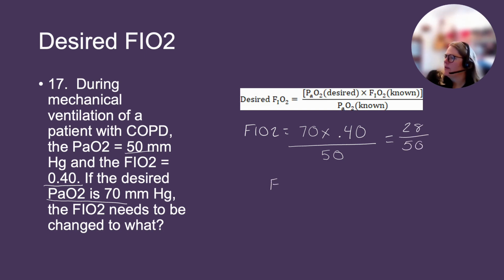So our FiO2, 28 divided by 50 equals 0.56, or you would say 56%. And that's going to get you the desired FiO2 to improve this patient's oxygenation status.